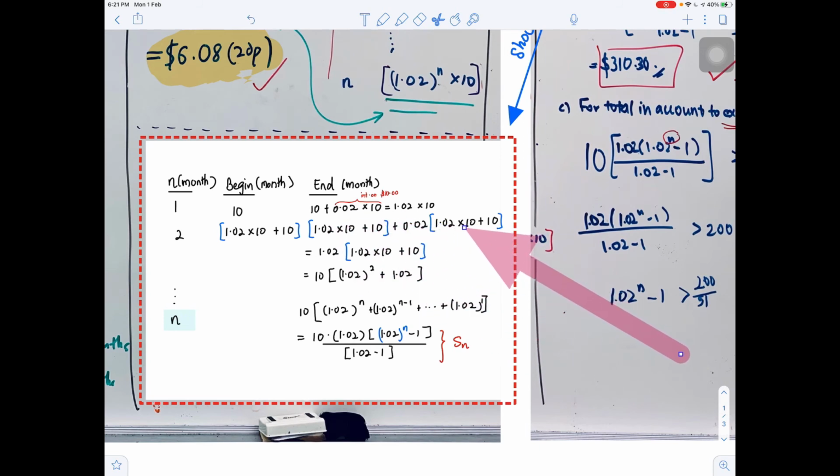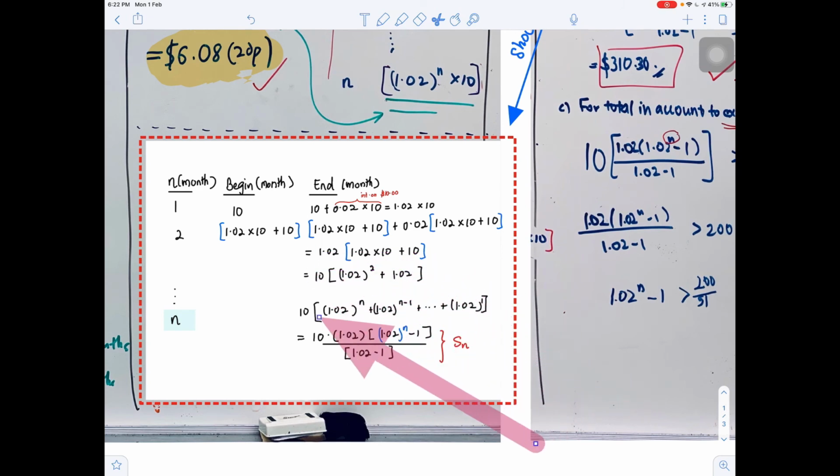Same trick again: we factorize these terms out, and we will still have the 1.02. Now we start to see the pattern. When I multiply it in, I will have 1.02 squared plus 1.02, and because 10 is a common factor, we take it out.